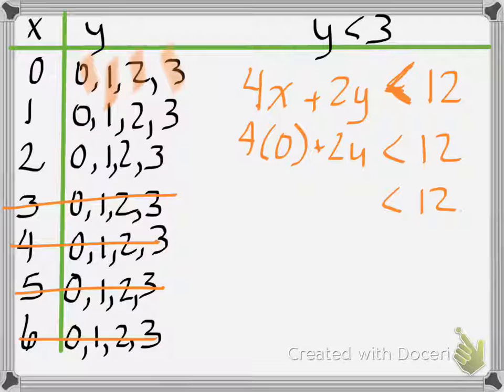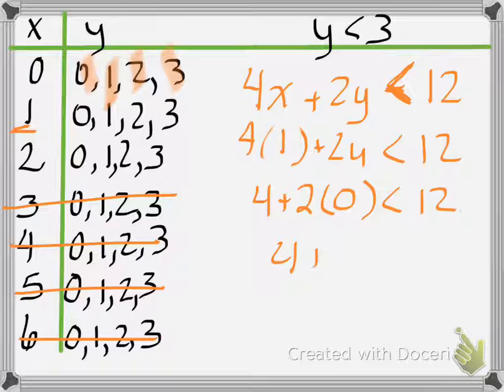Now let's change it to where we're looking at when x was 1. So that's going to be 4 plus 2 times my number that I'm going to go through. So we're now looking at this row. So 2 times the first y, which was 0, is 4 plus 0 less than 12.